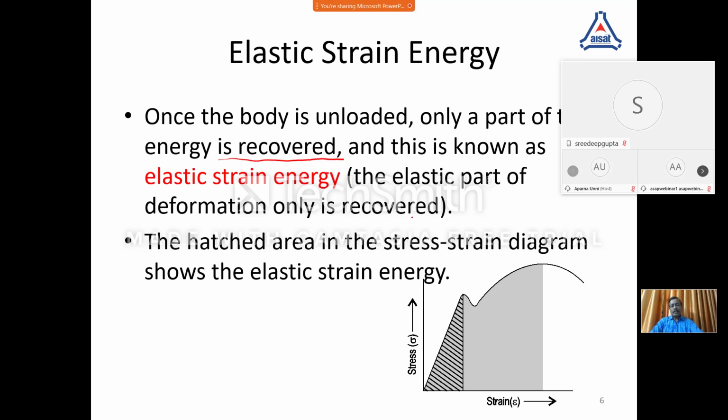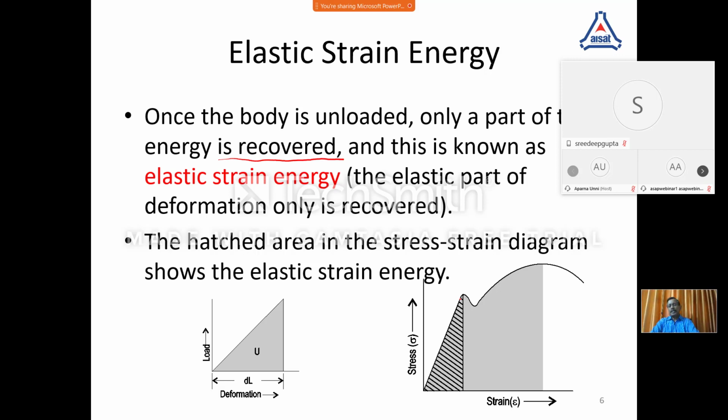In this elastic region, different materials can behave in different ways. In cases like steel, the deformation can be assumed to be linear.